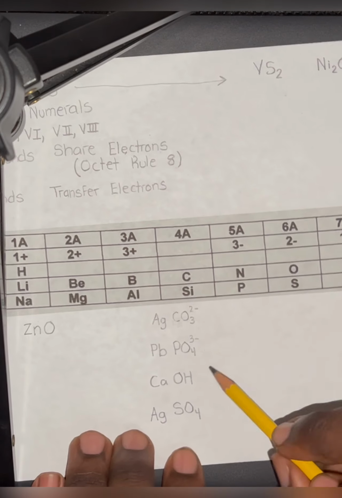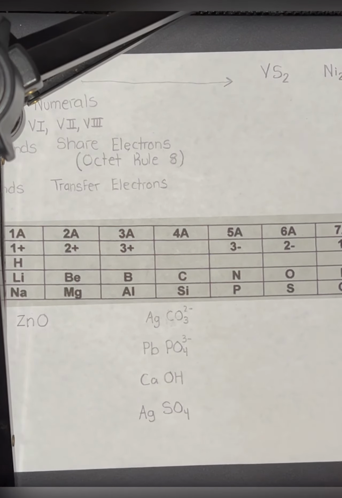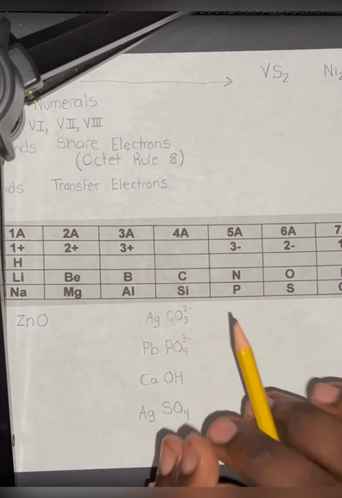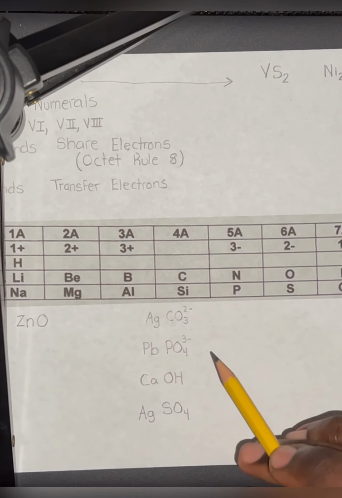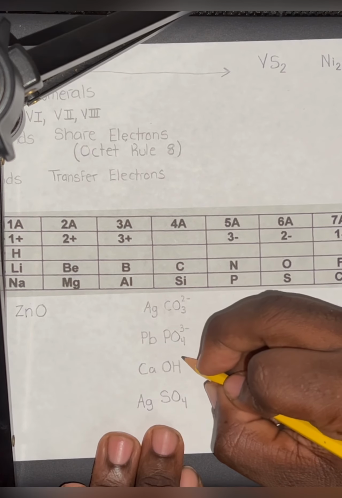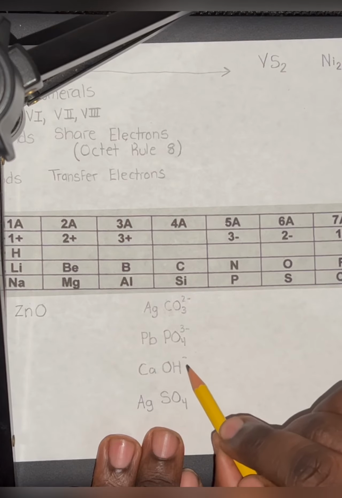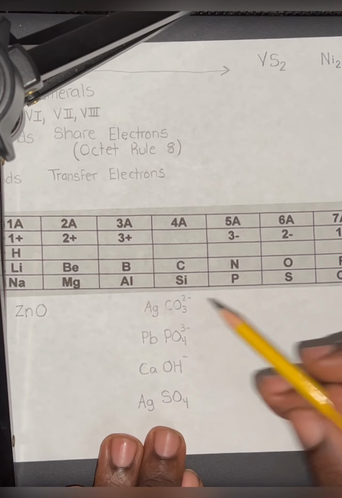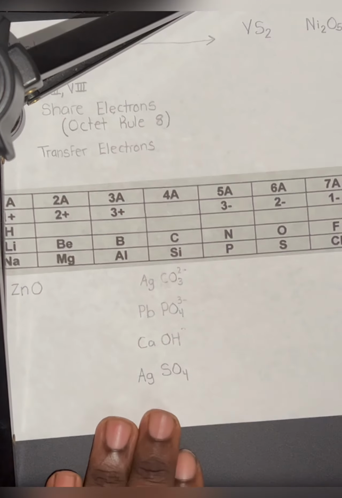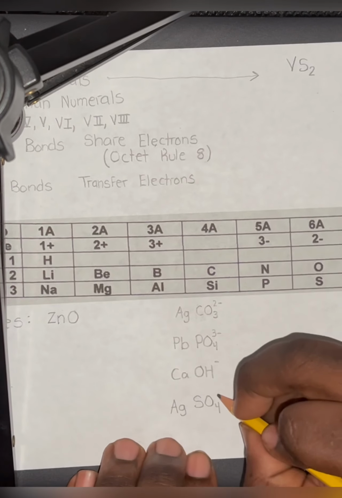Again, this just means they're getting extra electrons. In order to balance it with the octet rule, it had to get 3 more electrons for phosphate. OH is hydroxide. It has a 1- charge. Instead of writing 1-, you could just write minus. It's the same as writing 1-. And SO4 has a 2- charge.